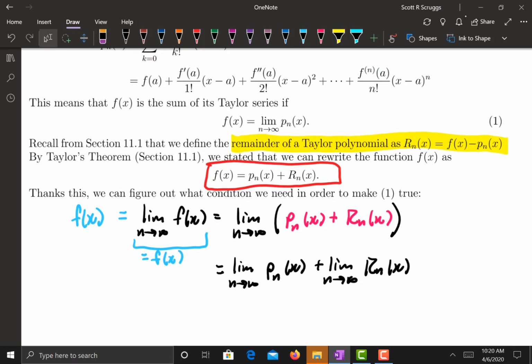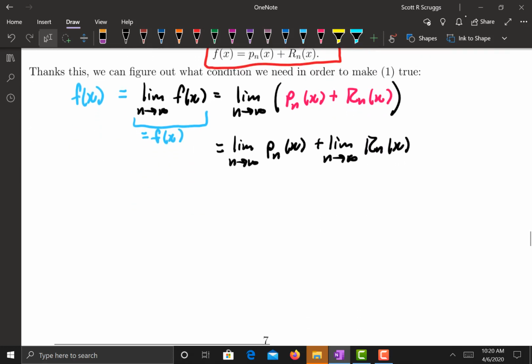And what I want to show, if this series is true, is f of x equals the limit of the Taylor polynomial. Well, right now I have just an extra part of that, and that is the limit as n goes to infinity of the remainder, which means if I can make that go away, I have the equation in 1.